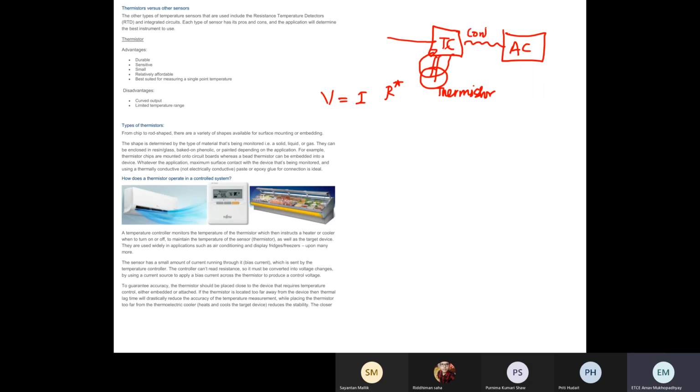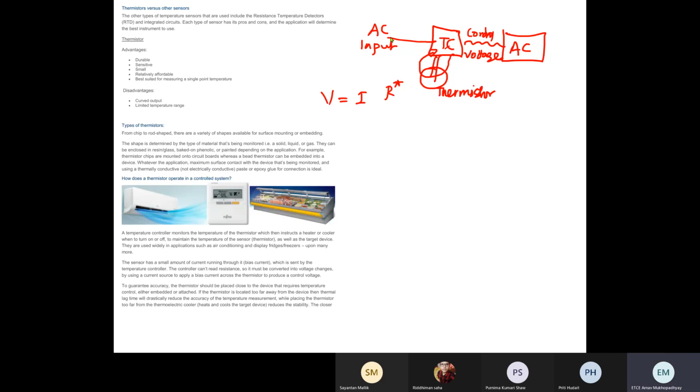Then ultimately, depending on the condition, it sends some voltage to the AC. That is called control voltage. This is a term from control system. This is your input AC. So it will keep adjusting the AC depending on the bias current, depending on the voltage that results from the bias current and the temperature monitored or detected by the thermistor.